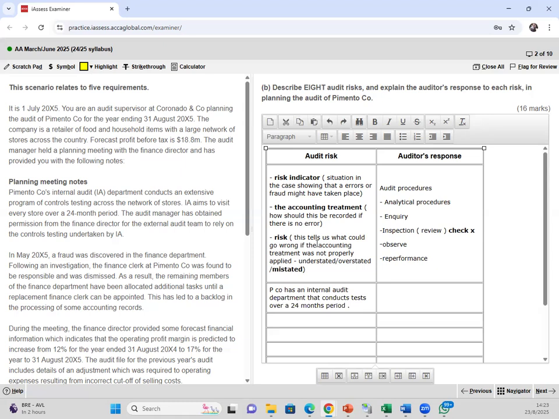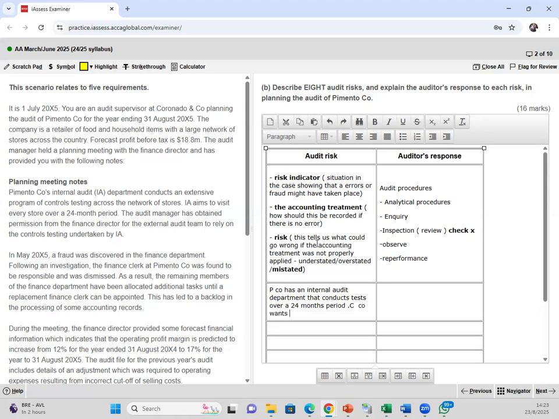Then we can say that C company wants to place reliance on the internal controls, or on the work of the internal audit department.